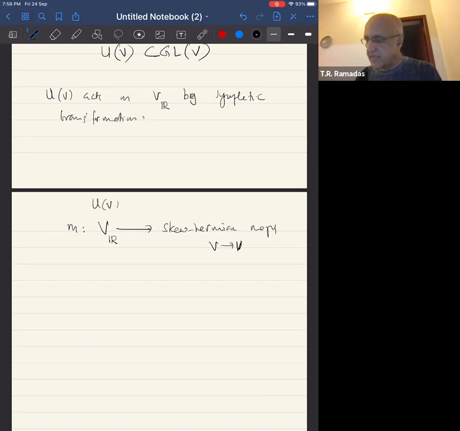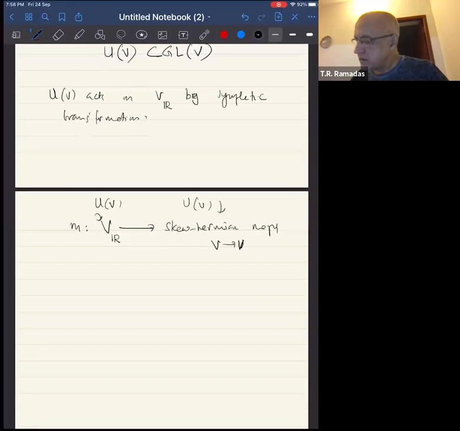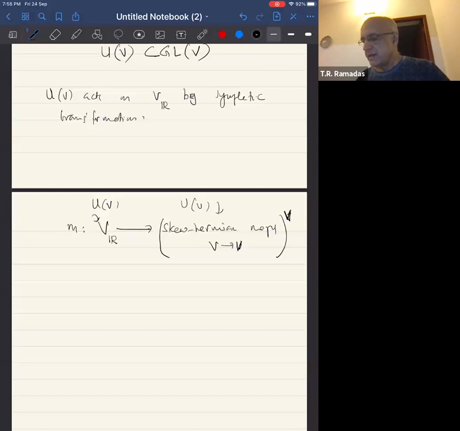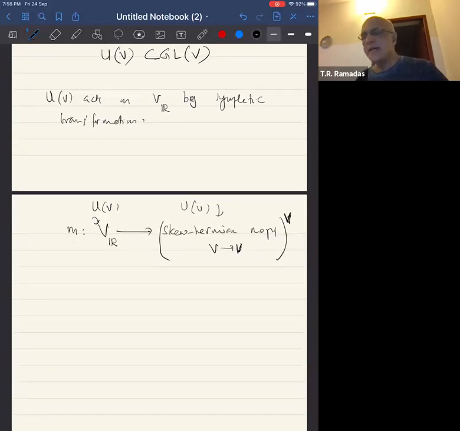And UV acts here by, as I said, preserving symplectic structures. And UV acts on skew Hermitian maps just by adjoint action. Therefore, it acts on the dual of that. So I forgot the dual here. The M should go from here to here. But now there is a natural pairing between skew Hermitian maps and the dual and between themselves given by a product.